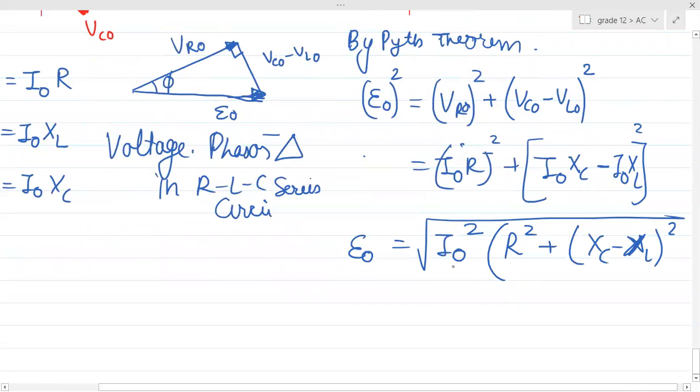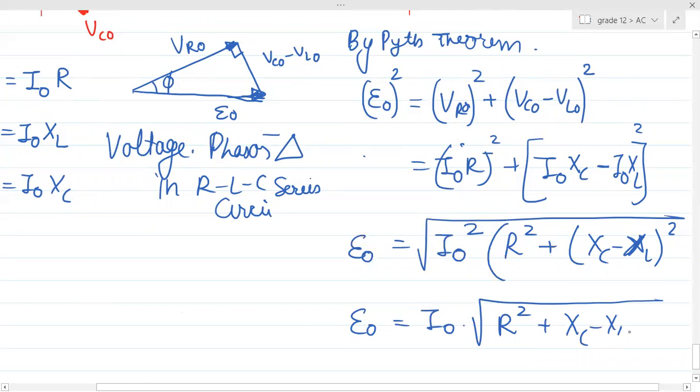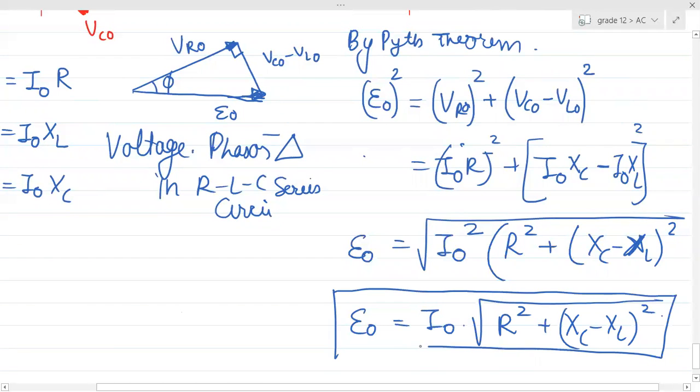Can I write it like this? And from here, E naught is equal to I naught into under root of R square plus XC minus XL whole square. Yes or no? Can I write it like this, guys?